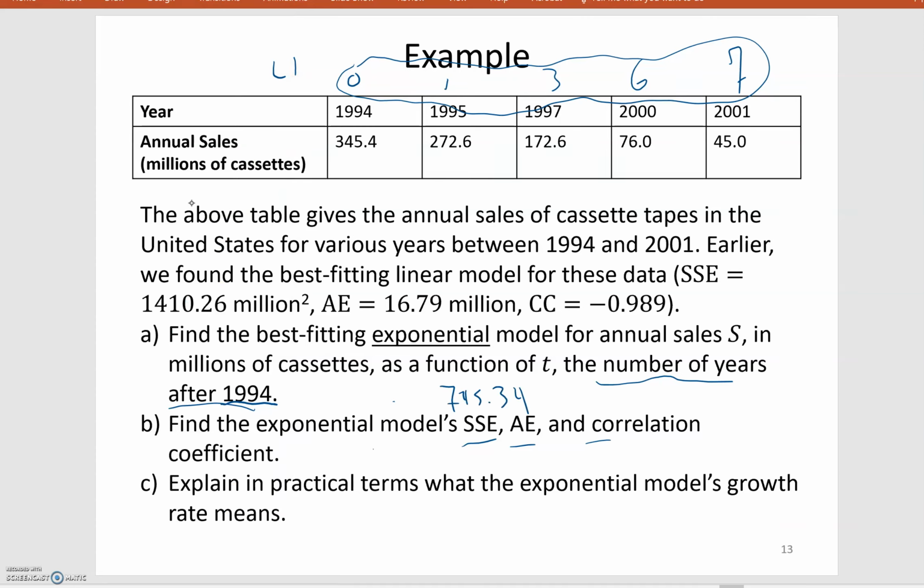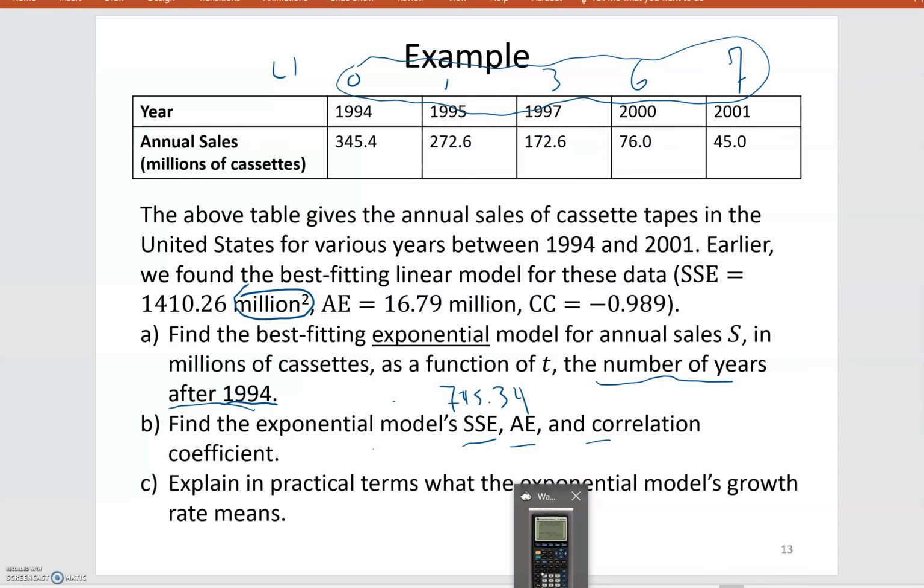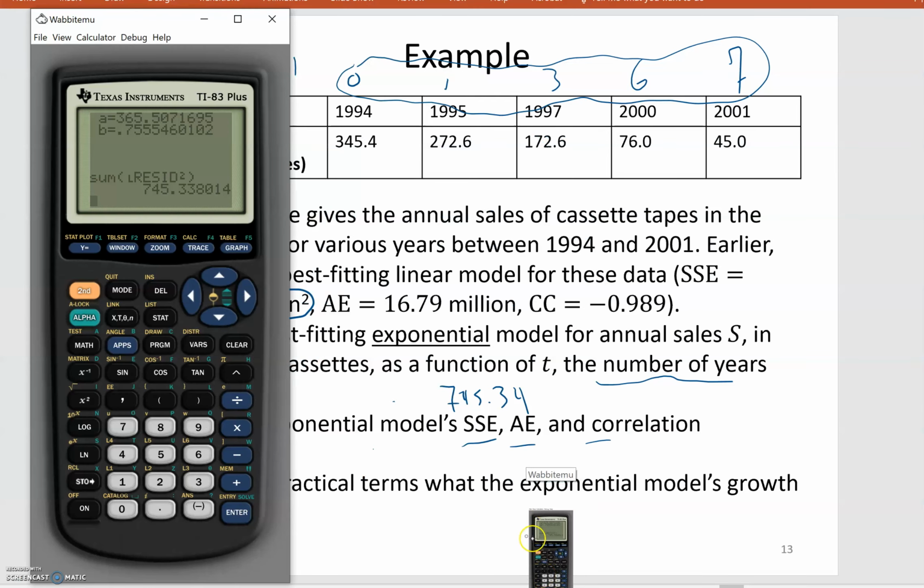And that's in millions squared, right? That's our unit for the SSE, is millions squared. So notice that the SSE for exponential is much lower than the SSE for the linear fit, which is better. Basically, this is much better. For the average error, we have 1, 2, 3, 4, 5 data points.